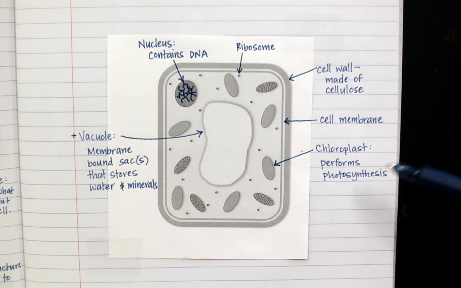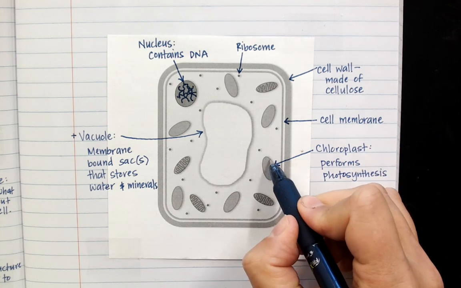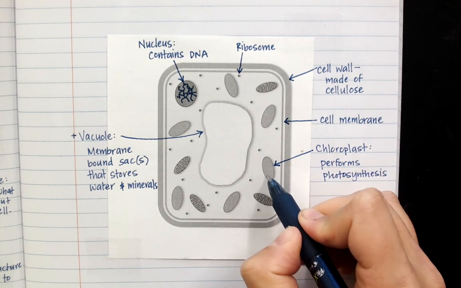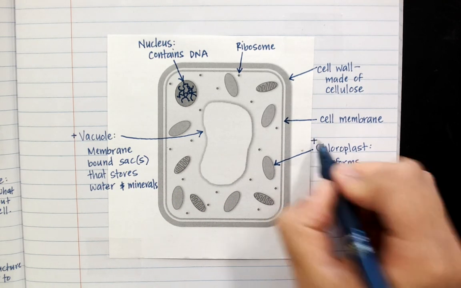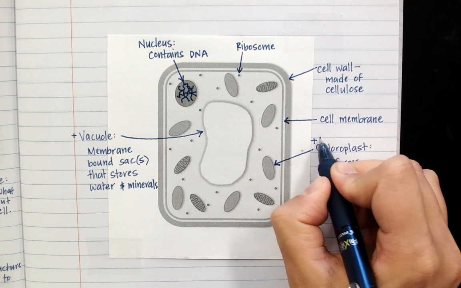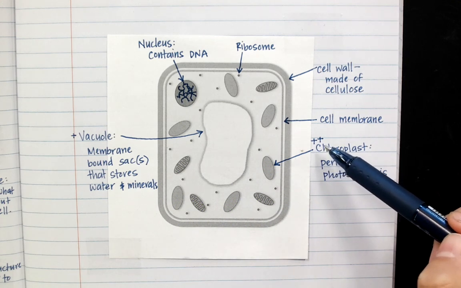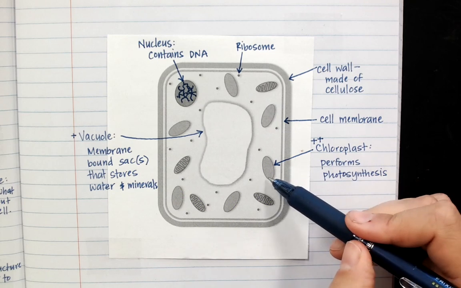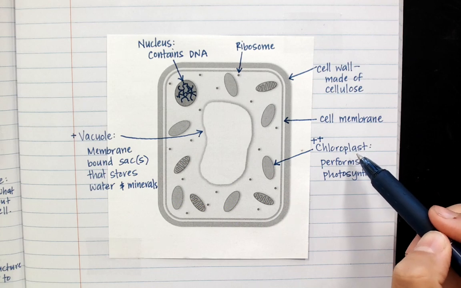And chloroplasts are actually really cool because they have a double membrane. So what that means is that there are actually two membranes surrounding this thing. So not only is this a membrane-bound organelle, but it has two membranes surrounding it. And the reason that it has two membranes surrounding it is we think that it actually started out as a prokaryote outside of the plant cell.